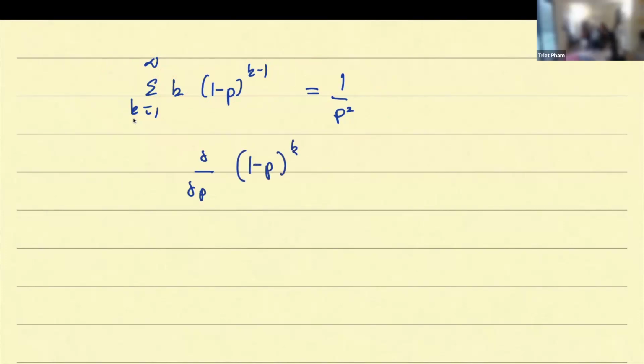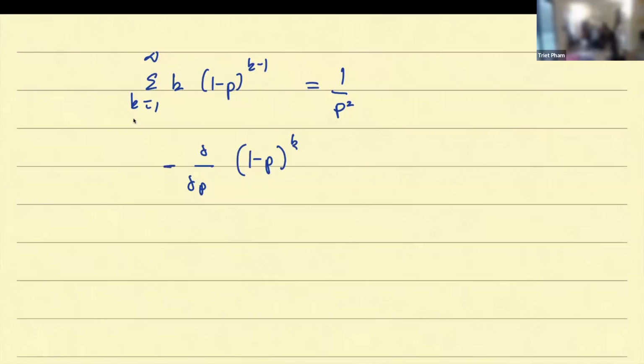If you differentiate this expression, you get k times (1 minus p) to the k minus 1. Well, you pick up a chain rule, so you actually get a minus sign outside. So let's put that minus sign on the right-hand side.